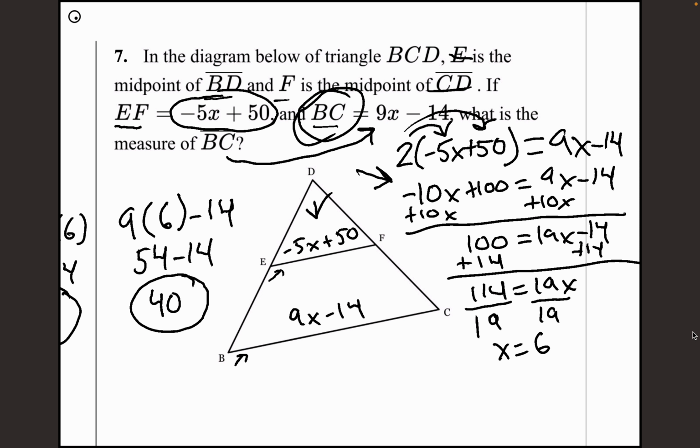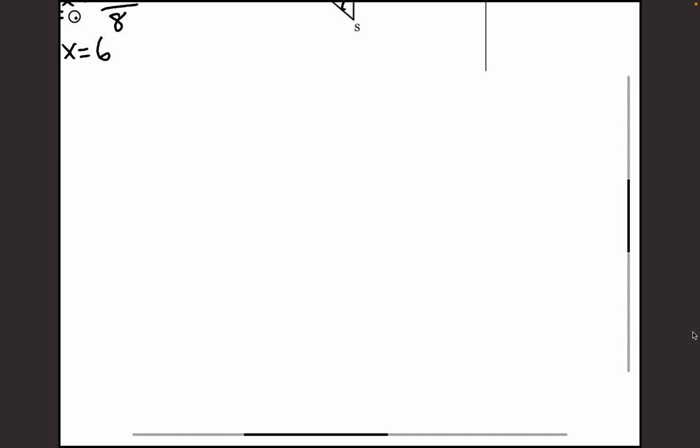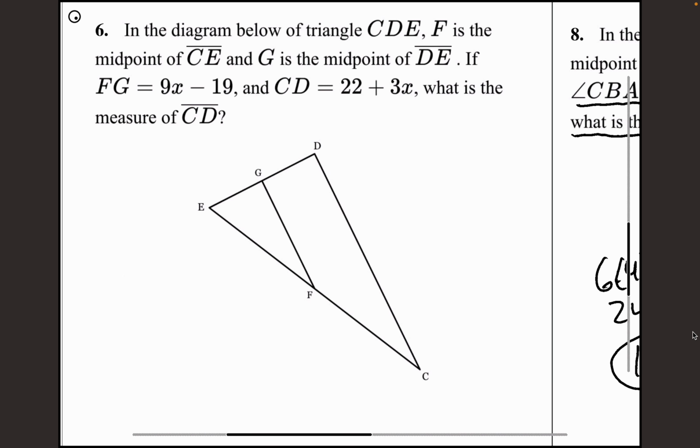Okay? So I want you guys to do this next one on your own. All right, and this one's going to be just like our last one. Make sure you're looking at which one the midsegment is and which one's the third side. It's not angles.